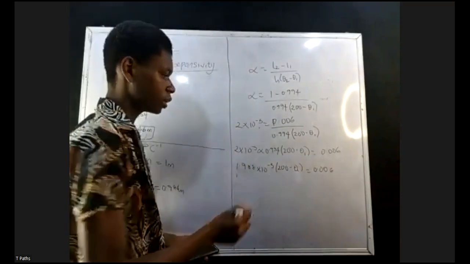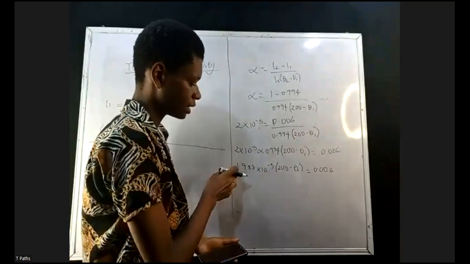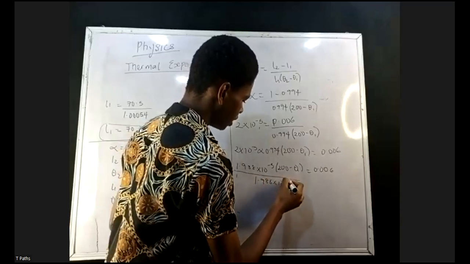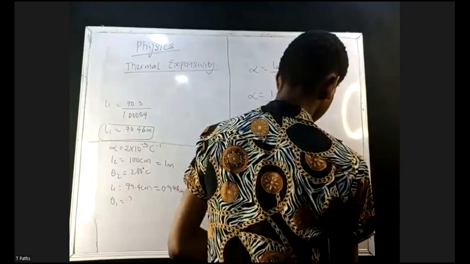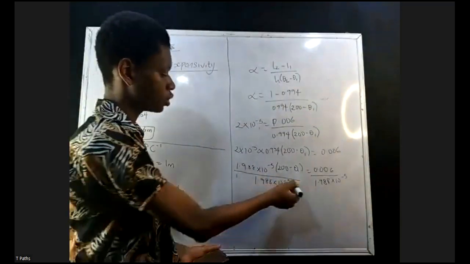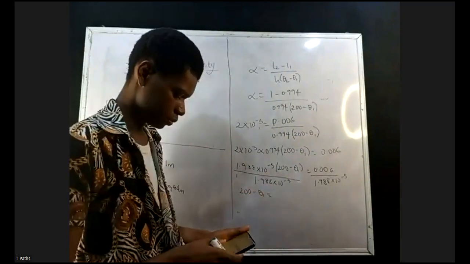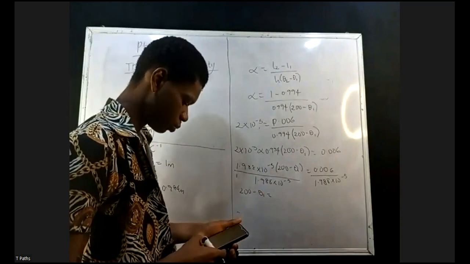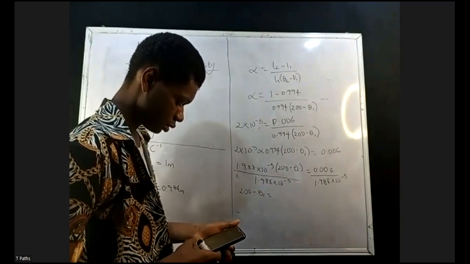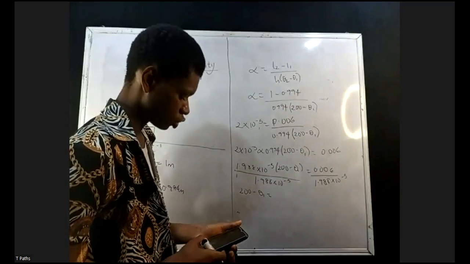So I'm going to divide through by 1.988 times 10 to the power minus 5. I hope you guys are following me. Dividing through, this cancels out this. So I'll have 200 minus theta 1 equal to 0.006 divided by 1.988 times 10 to the power minus 5.